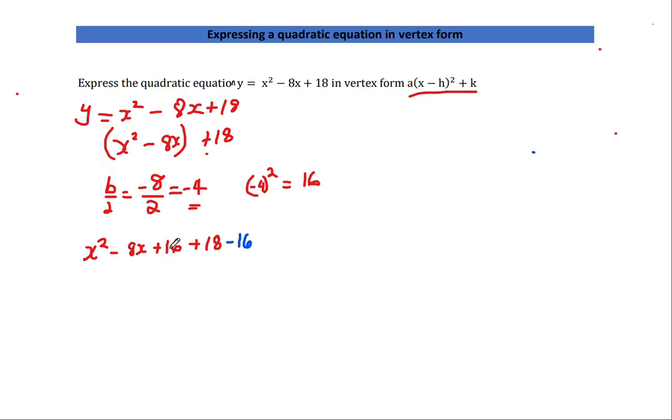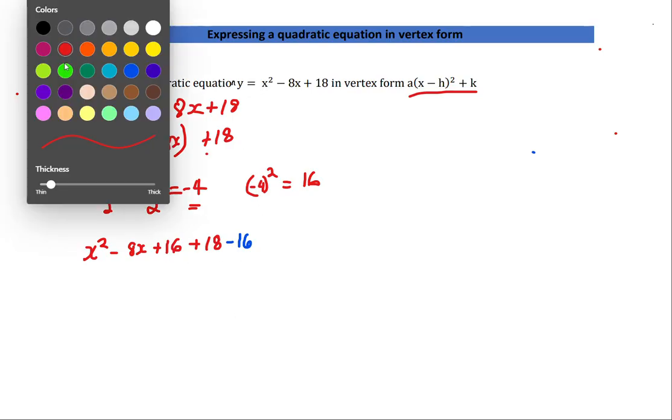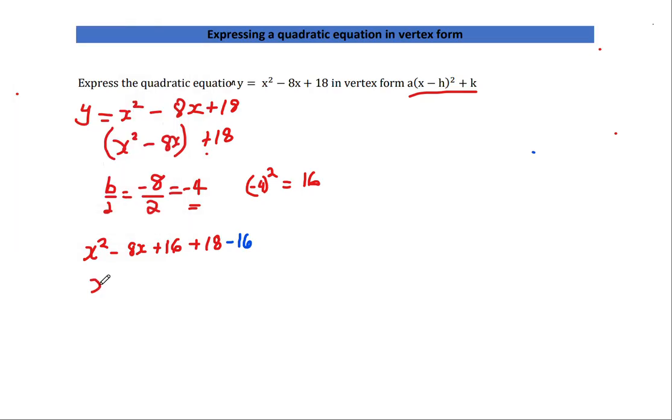In order to balance the equation, we'll do the inverse of addition, which is subtraction, from the constant of 18. And this is necessary to ensure balance in the equation. Okay, so now when we simplify this, we will get x² - 8x + 16, and then 18 - 16 is going to give us a positive 2.